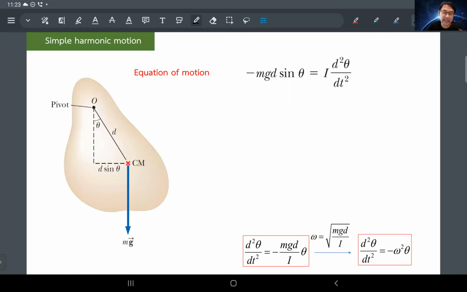And this one, I'm going to take you to something realistic. What if you have some physical stuff? It's not just a mass on a spring or a pendulum anymore. Now you have stuff like your hands, your legs, your body, the car, the object, the box, whatever, and you hang it on something and you want it to swing back and forth.